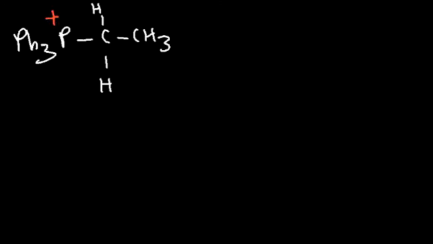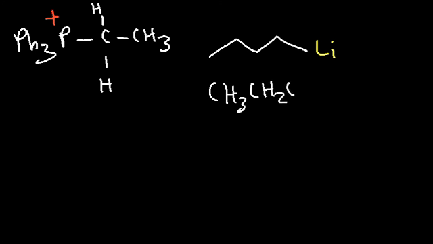Now, the next step is to react this with butyllithium. Butyllithium can also be written this way. The carbon that is attached to the lithium has a negative charge, and it also has a lone pair. So it's a very powerful base.